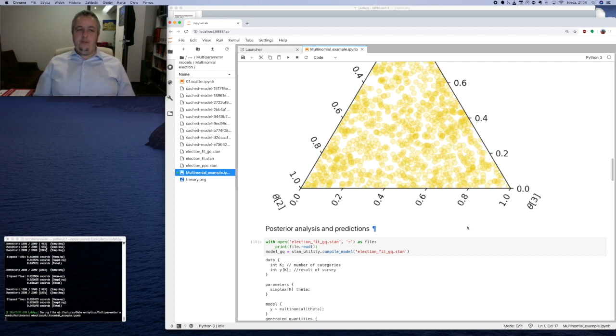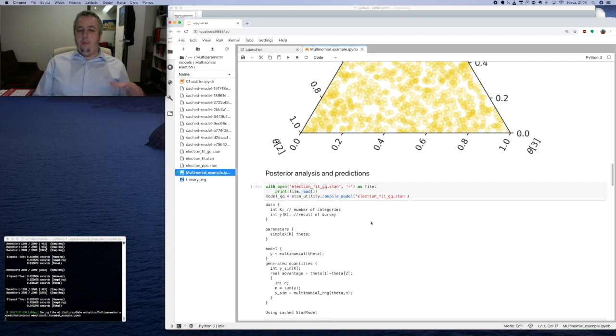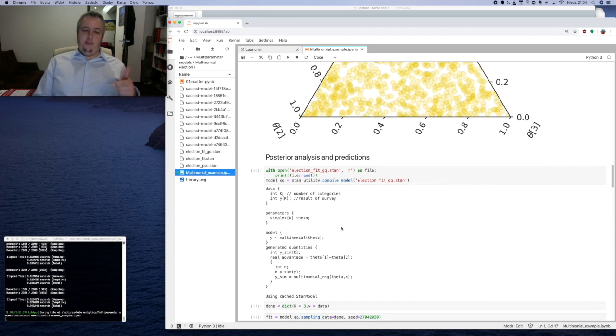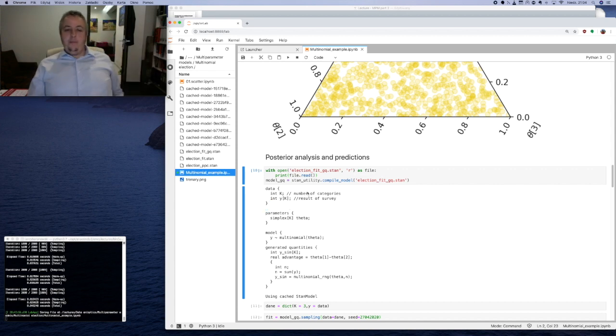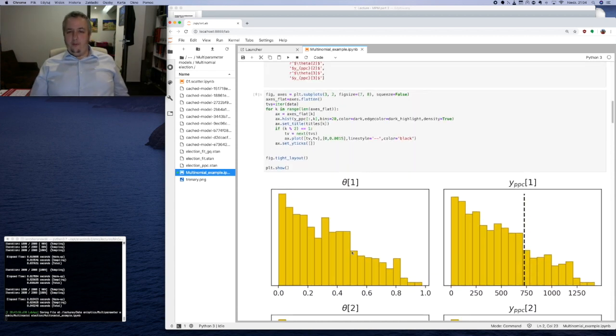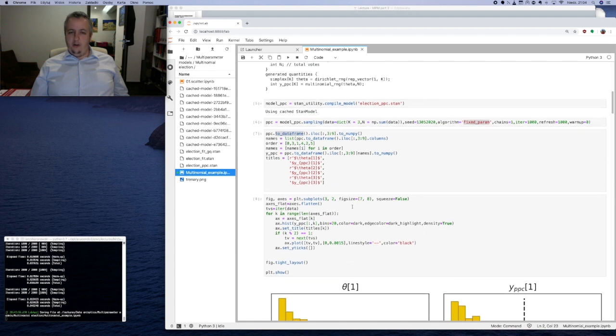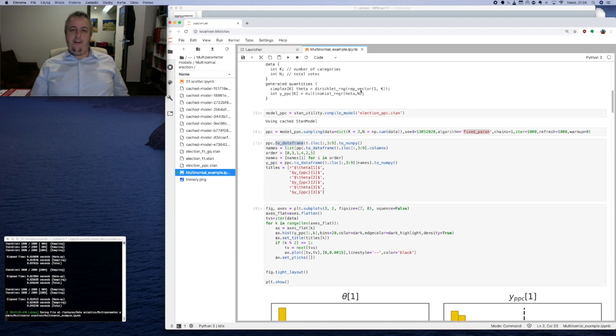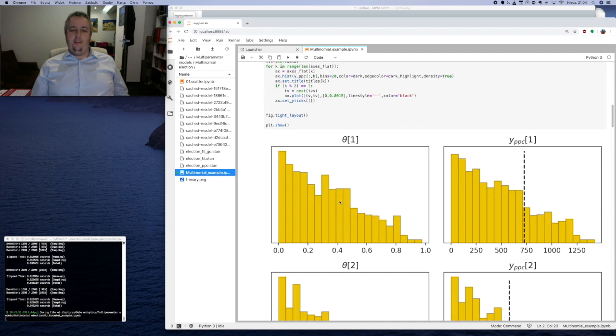Let's start with the posterior analysis and create our model for election fit. Our model is very similar, at least in the data context. The data is similar to the previous, because in order to simulate from the RNG function, we had to provide it with the number of samples.